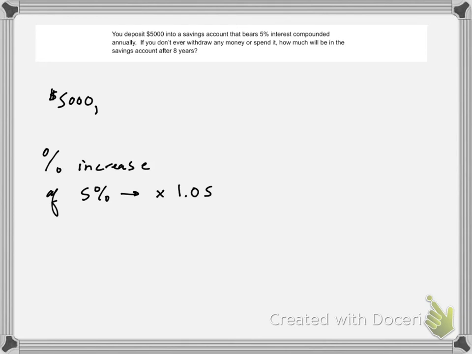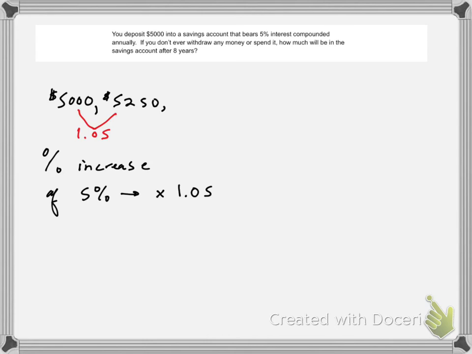So for 5,000, I'm going to take that and multiply it by 1.05, which is going to give me 5,250. That's year one. And so my common ratio is 1.05. So I've increased the balance by 1.05. I'm going to multiply that new balance now, because I didn't withdraw anything, by 1.05 again.